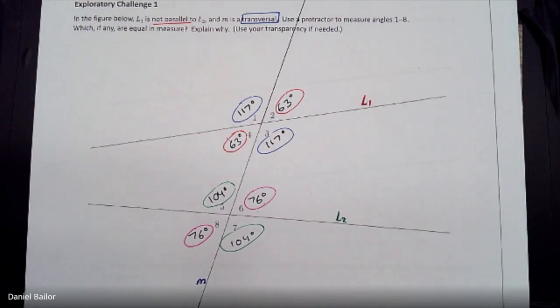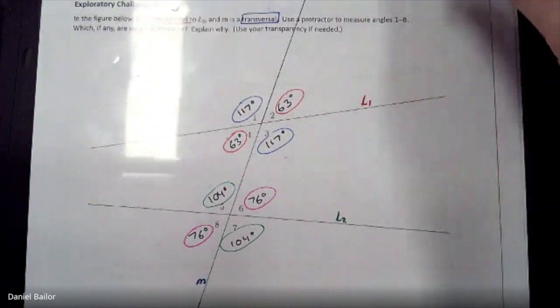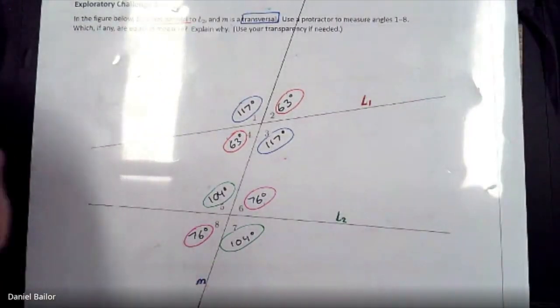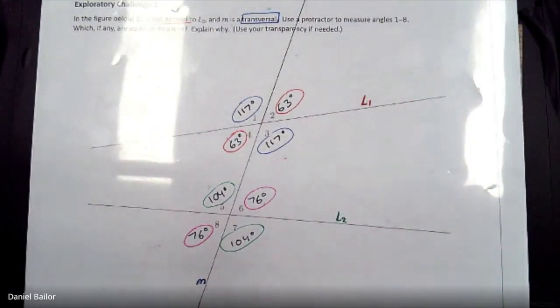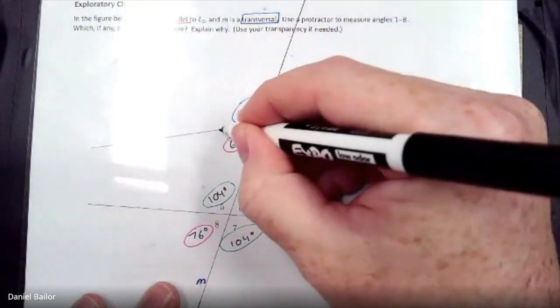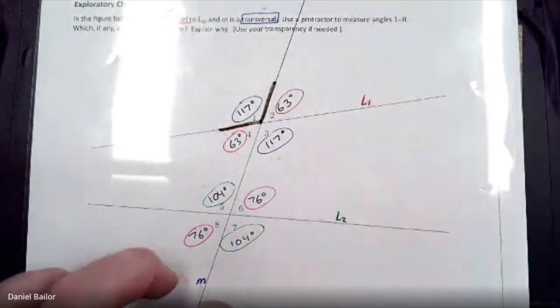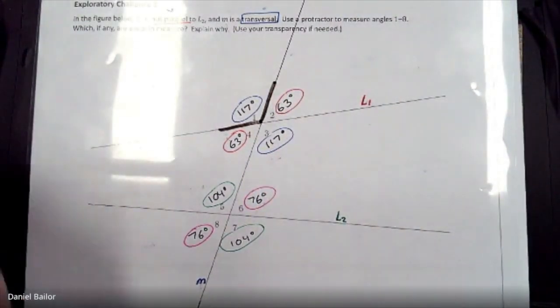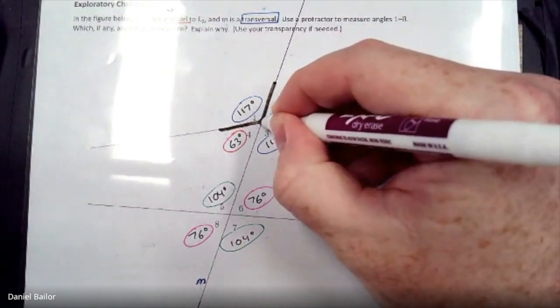Well, to show you, let's look at a transparency. I put my transparency on it, and what I'm going to do is trace angle 1 as an example. And where the angles cross, I'm going to put a point.